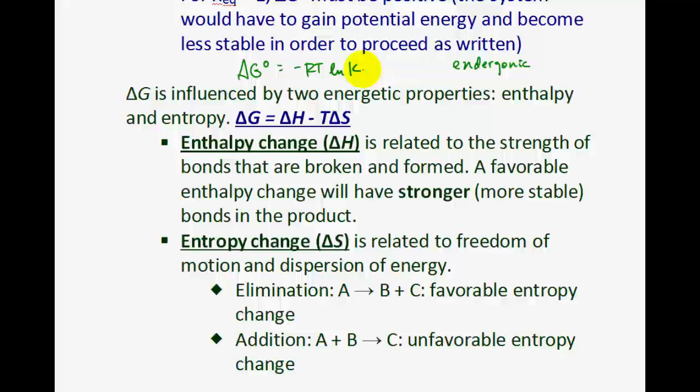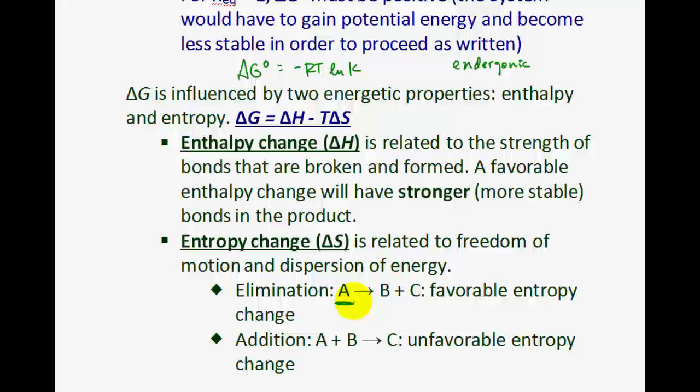But if we look at an elimination, okay, A makes B plus C. One molecule becomes two molecules. That's a favorable entropy change. The energy that was contained within this one reactant here is now more dispersed into twice as many product molecules. Okay? That's favorable in the normal flow of entropy in the universe.